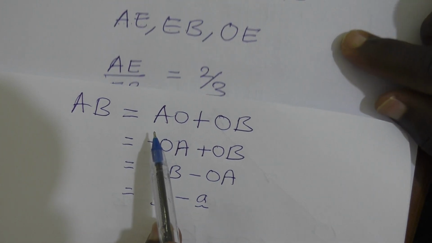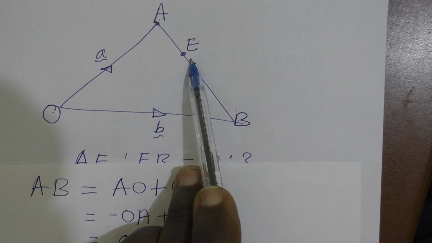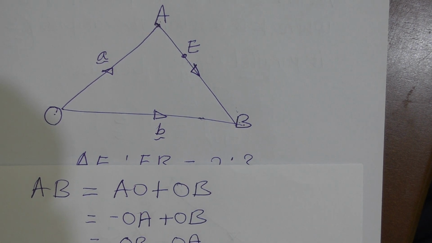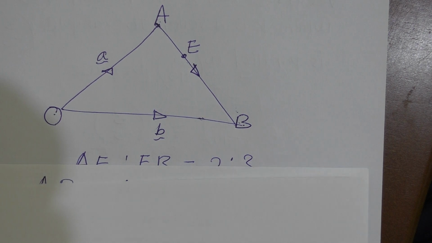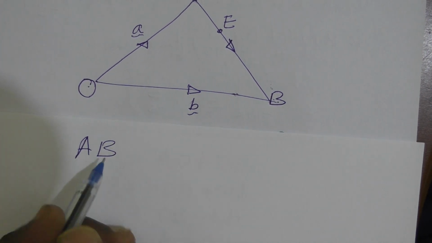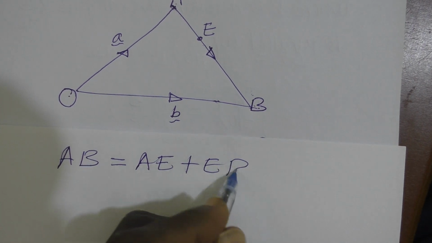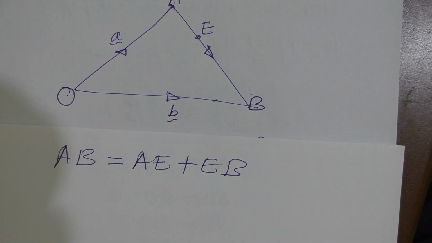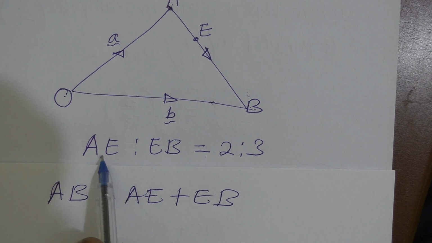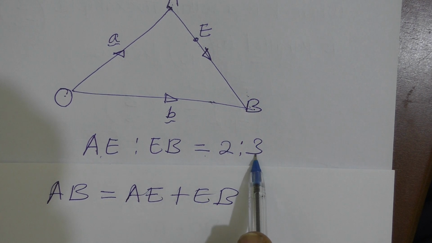But when we look at our point E, point E is dividing AB into a certain ratio, and therefore AB is also got by AE plus EB. But the ratio given to us is that AE to EB is 2 to 3.